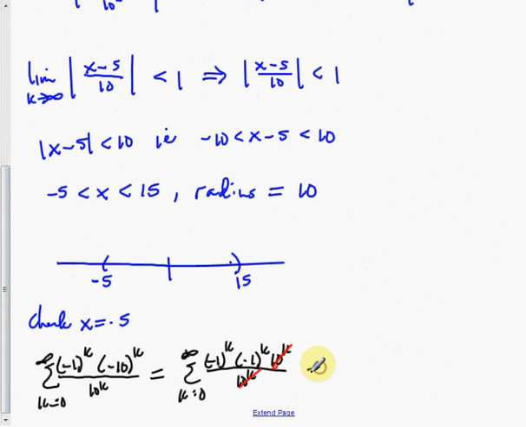So what we have left. Now, negative 1 to the k times negative 1 to the k is negative 1 to the 2k. That's just 1. So this is the summation of just 1 as k goes from 0 to infinity. And that's equal to infinity, so that diverges.